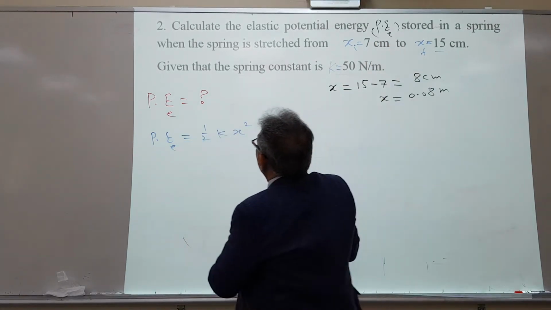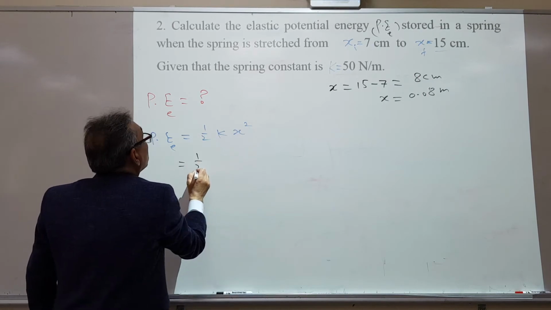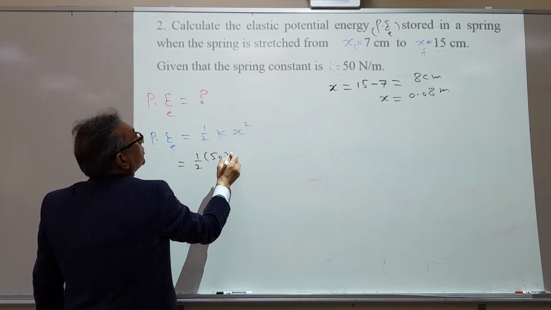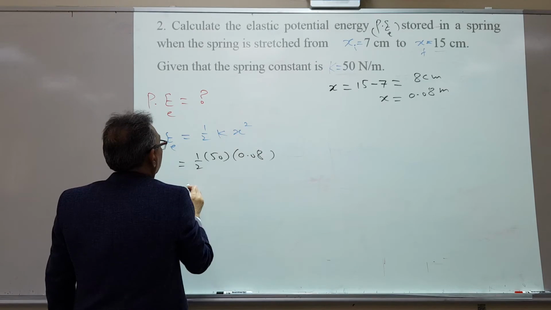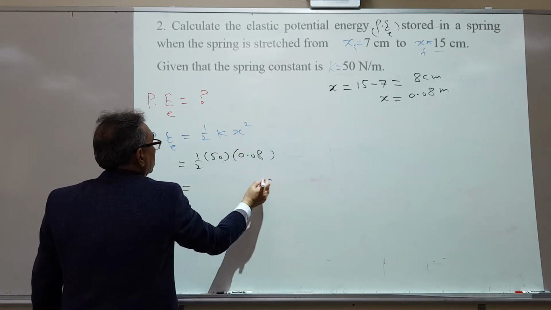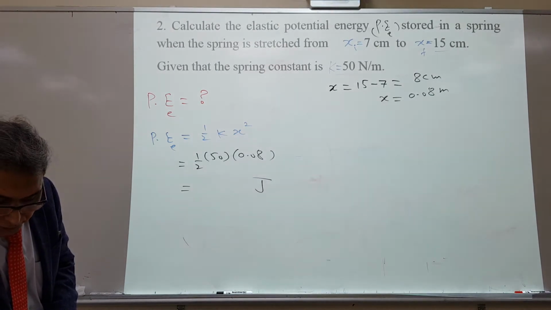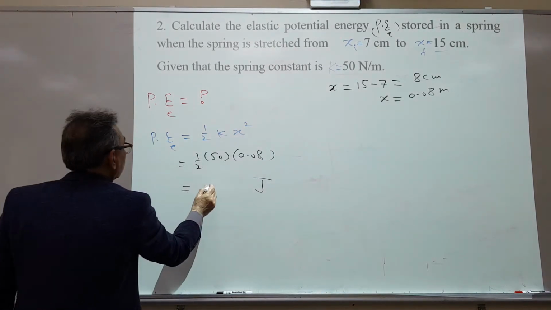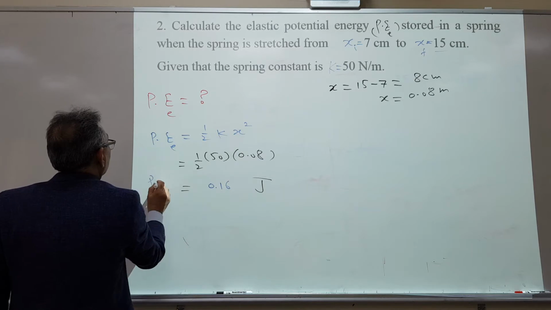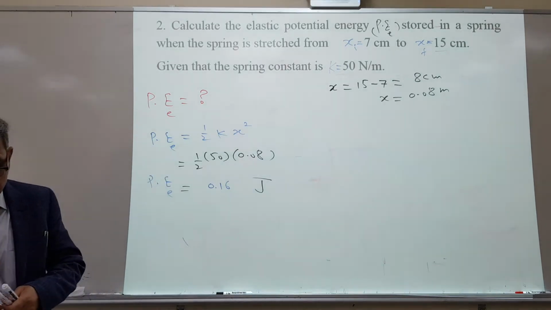So we are going to calculate it now. You get it in the unit of joule, elastic potential energy 0.16. Done.